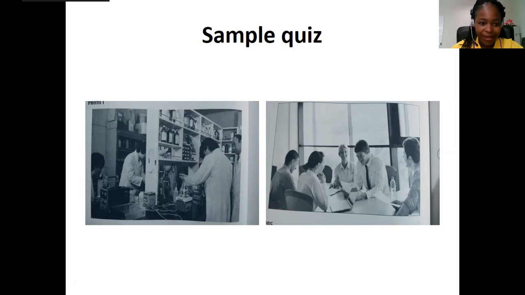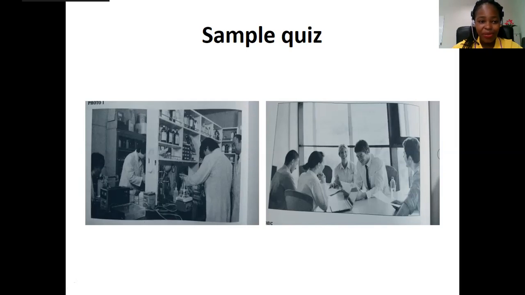They're wearing lab coats, and you can see some bottles on the shelves. So when we listen in, we should be able to tell who these people are, where they are, what they are doing, and how they look.